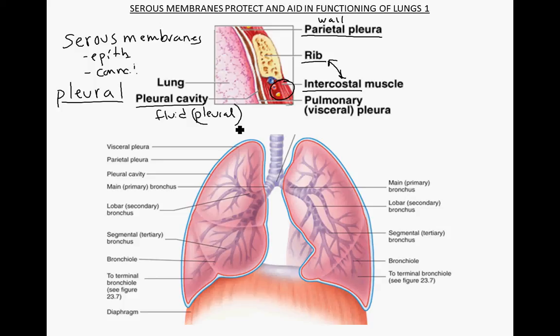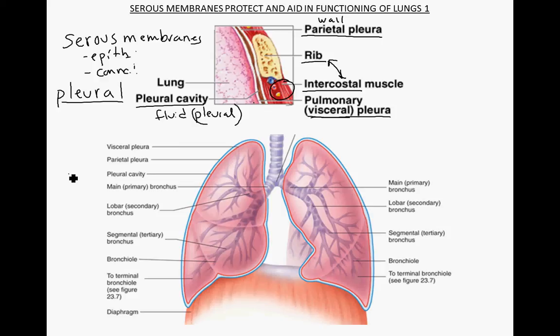And that pleural fluid is secreted by the cells, these epithelial cells of these membranes. The membrane that is attached directly to the lung tissue itself is the visceral pleura, right, or the pulmonary pleura. Most often you'll hear me just say the visceral pleura there. Right? So parietal pleura, visceral pleura, separated by the pleural cavity.